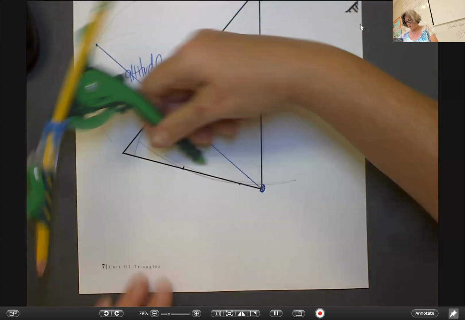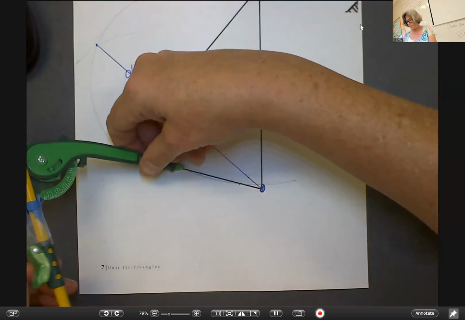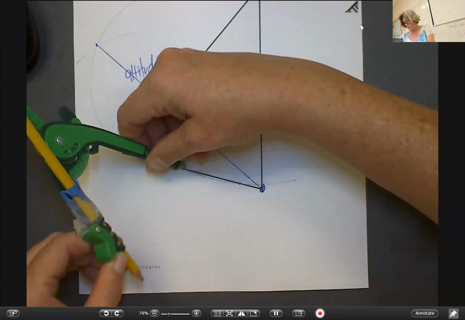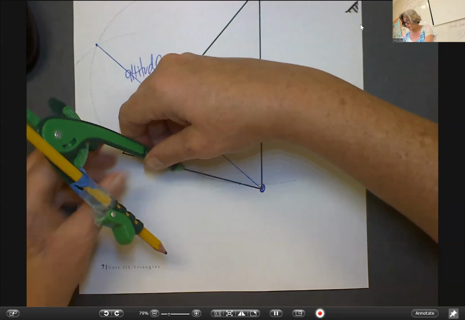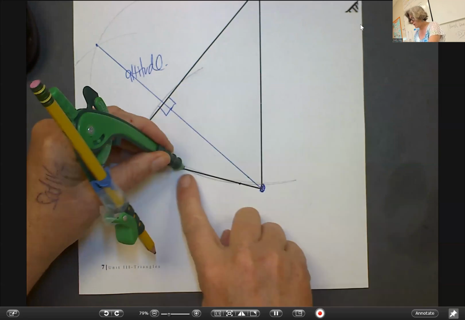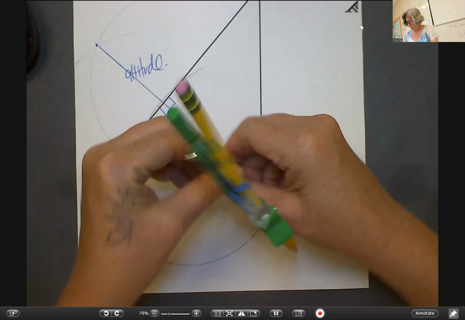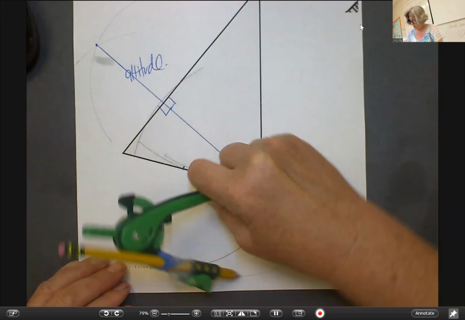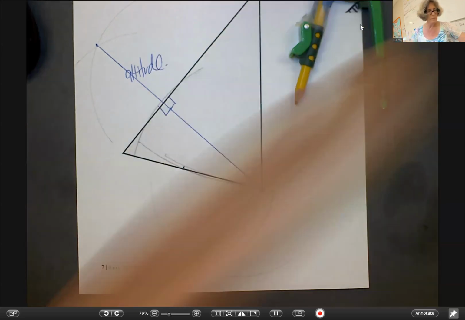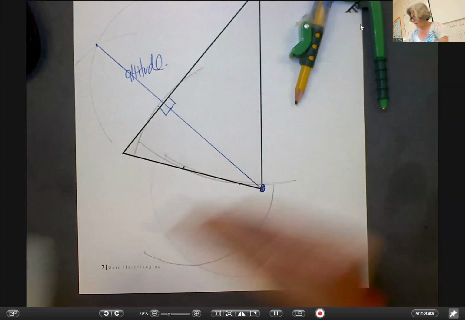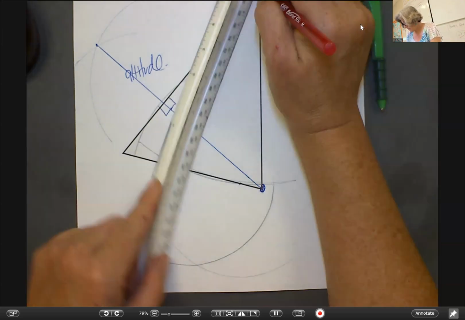Once again, my compass is going to fly off the page so I can choke it up here. Just don't change it between the dimple markings. So tilt, sweep, tilt, sweep. Line up with the vertex.